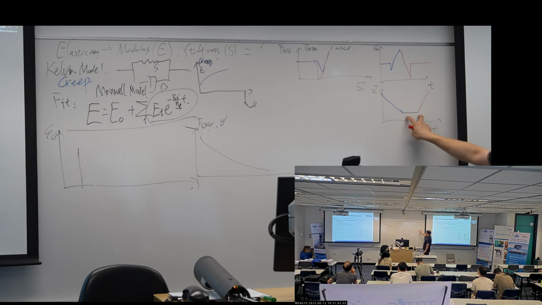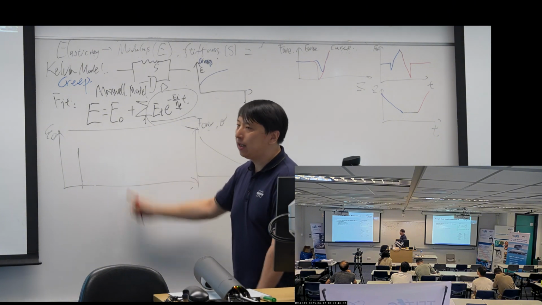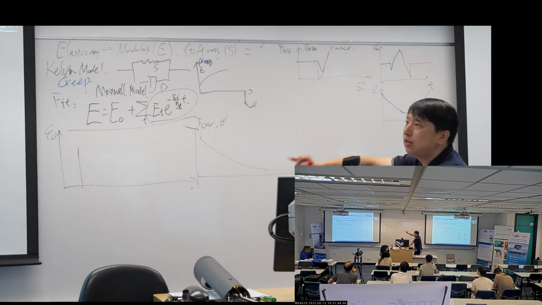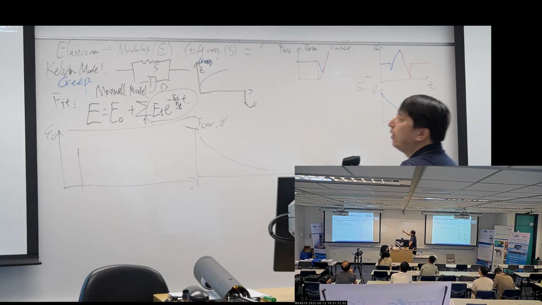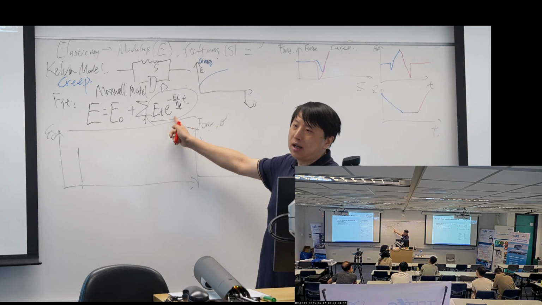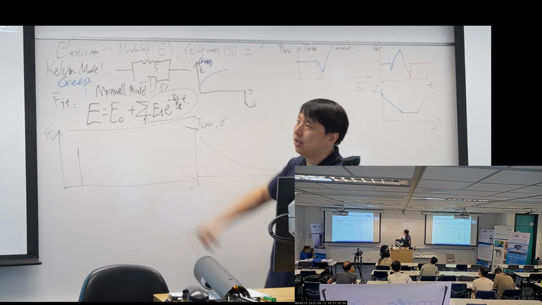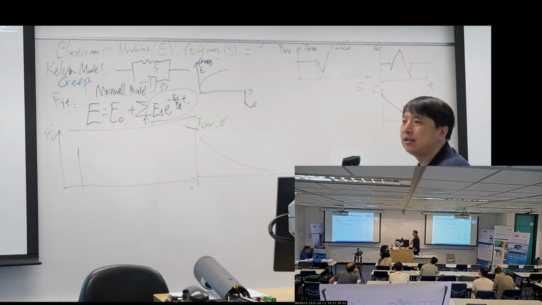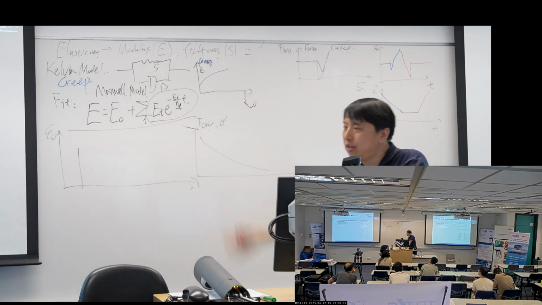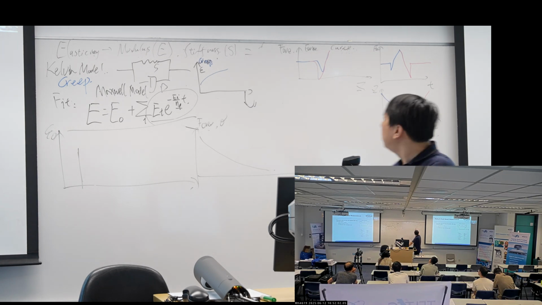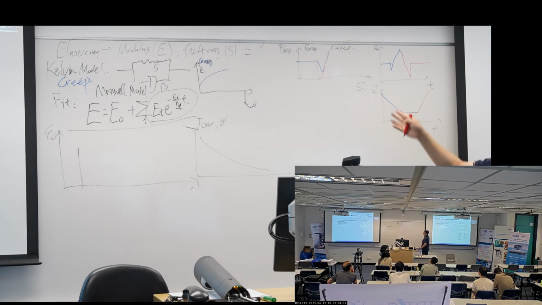During this segment, I'm doing something like the relaxation. I hold the sample's deformation, and since my sample's modulus changes against time, I would think the sample is getting softer and softer. The force will be relaxed, the force will be reduced.